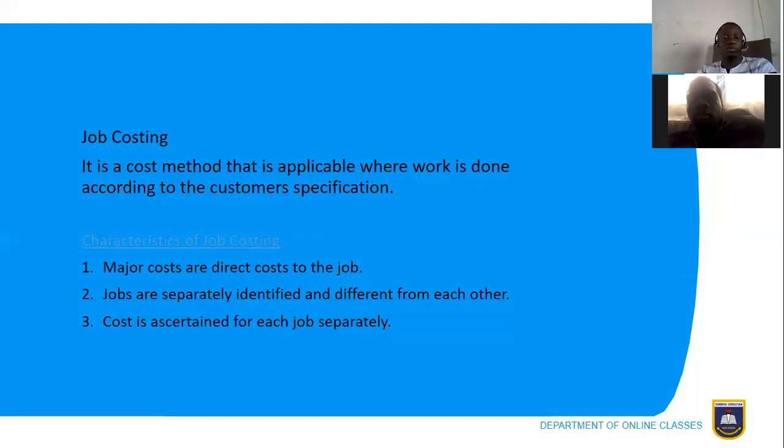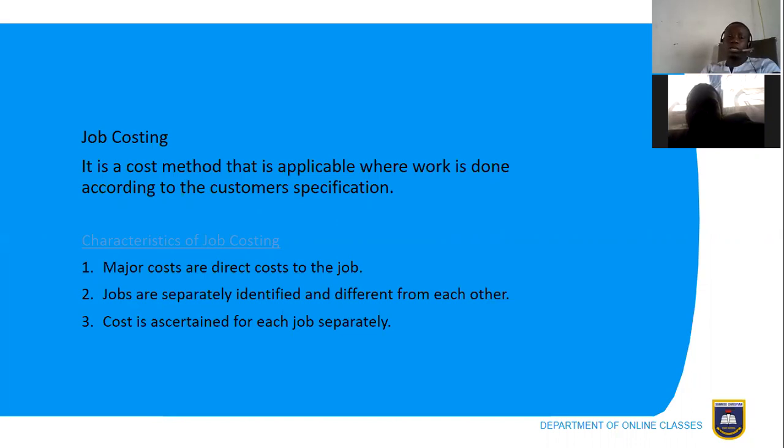We all have our likes and dislikes. So what I may want wouldn't be what Kojo may want. So one of the characteristics of job costing is that jobs are different from each other. And once they are different from each other, they are easily identified separately from each other.